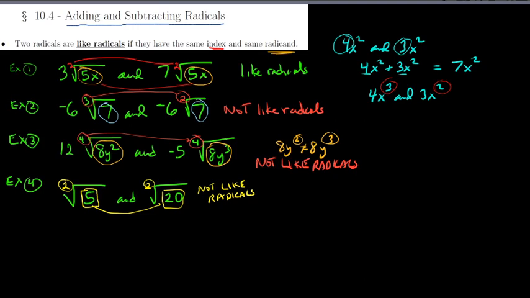However, the story doesn't end here. Even though they're not like radicals as they're written, they actually can be like radicals. So what does that mean? Because look, 5 and 20 are not the same, so that's why I said they're not like radicals. However, what's 20? 20 is 4 times 5.